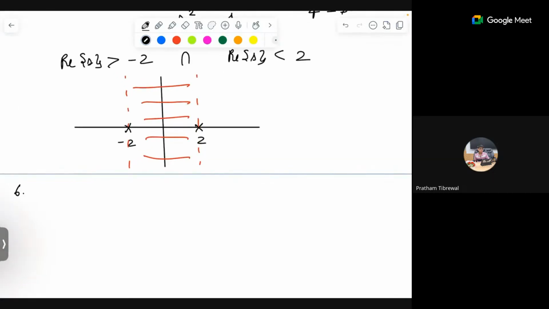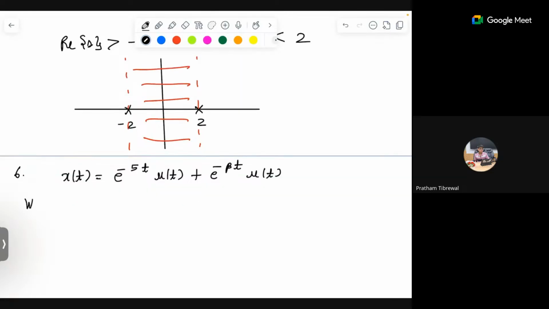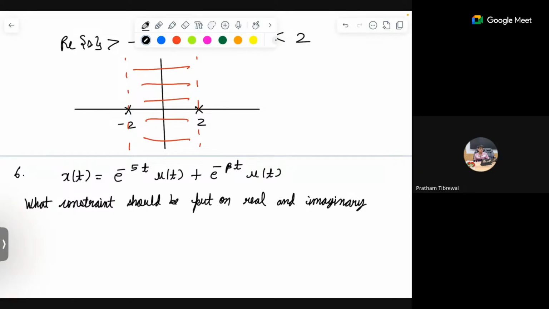So you have an LTI system and the input is x of t is equal to e raised to the power of minus 5t u of t plus e raised to the power of minus beta t u of t.